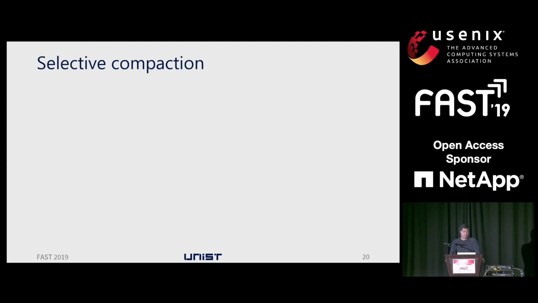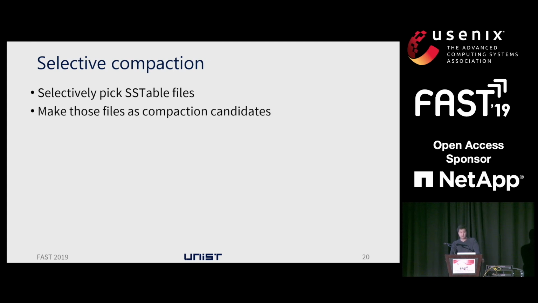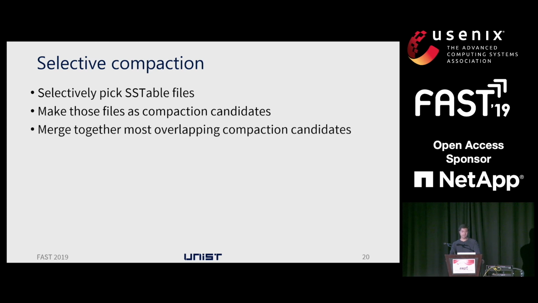So we introduce selective compaction, and what it does is select some of the SSTable files and mark those files as compaction candidates. We preserve our compaction candidate list, and from that list, we pick the most overlapping files and merge them together.